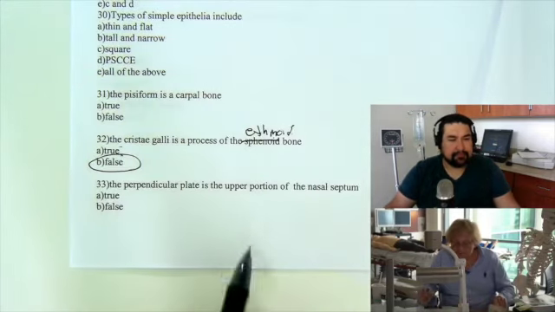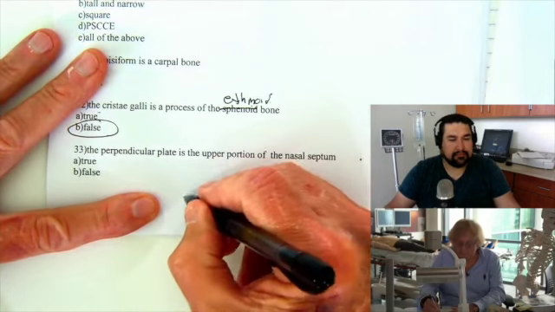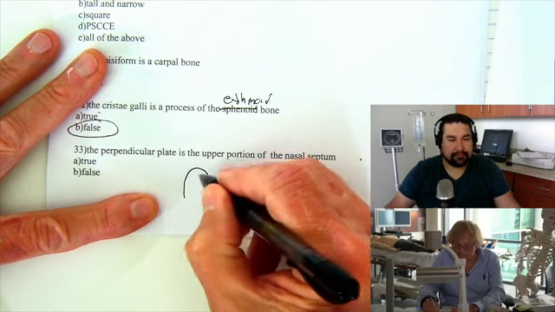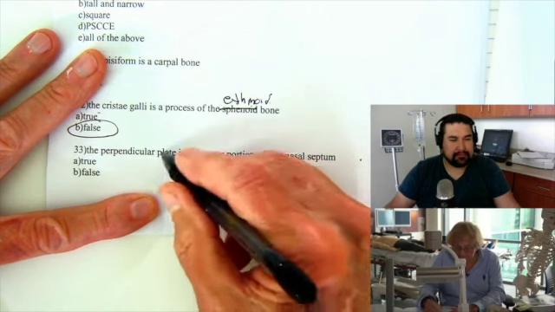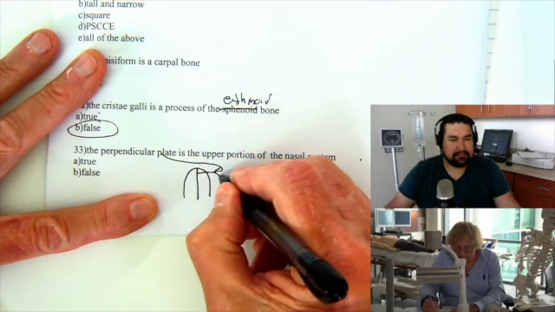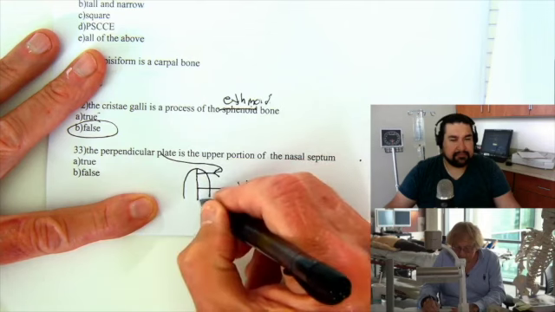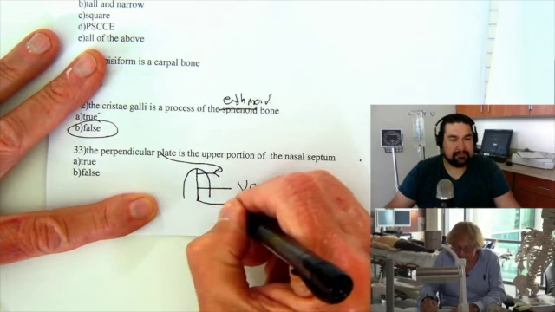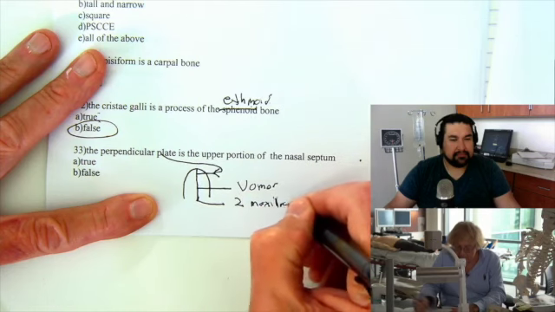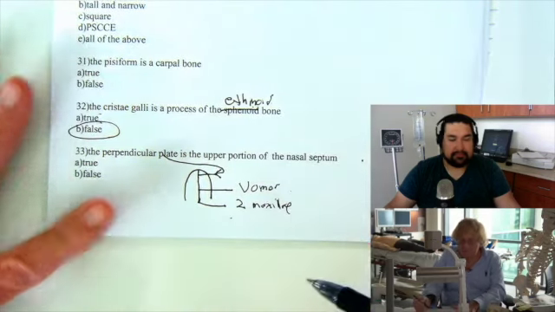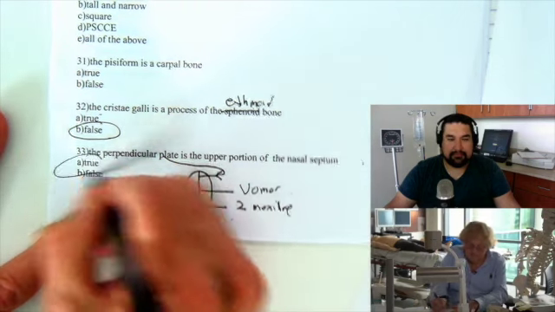And so therefore, that perpendicular plate, if I was to draw this really simply here, and just say, here's my nose, here's my nasal septum, this up here is going to be my perpendicular plate. This is going to be the vomer. And this back here, at the bottom, that's going to be the 2 maxilla. And so therefore 1, 2, 3, 4 bones, and therefore it is the upper portion of the nasal septum, so that's a true statement.